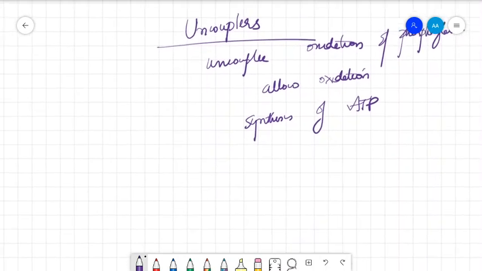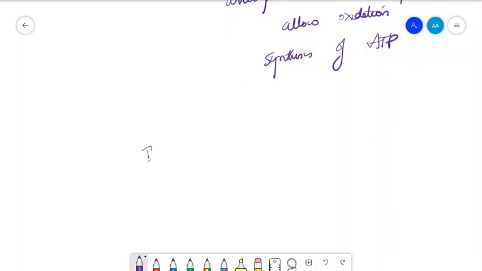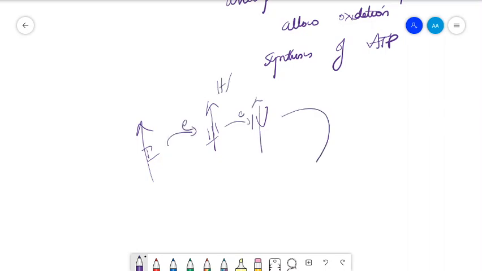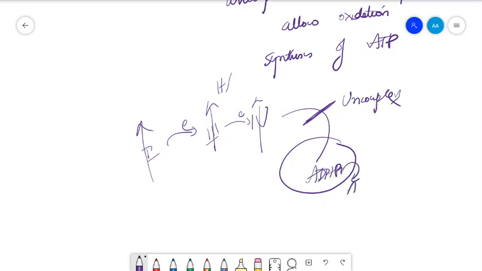That means they allow the proton transfer from complexes 1, 3 and 4, so the oxidation, that is the transfer of electrons, is also occurring, but synthesis of ATP is blocked. So uncouplers block synthesis of ATP.